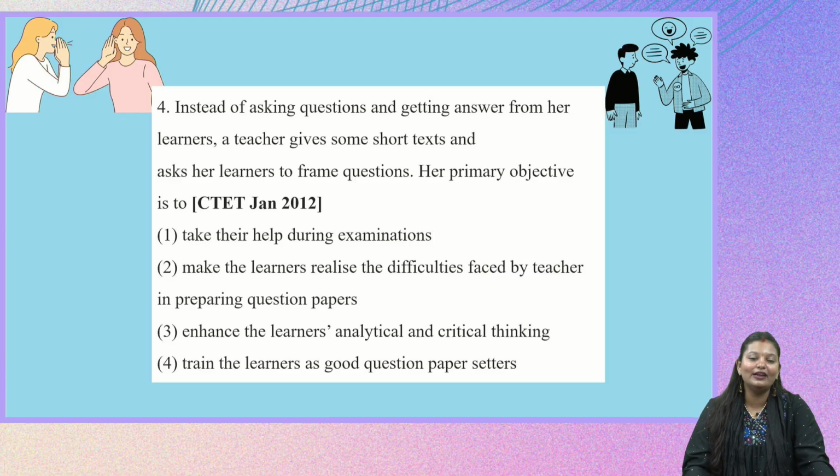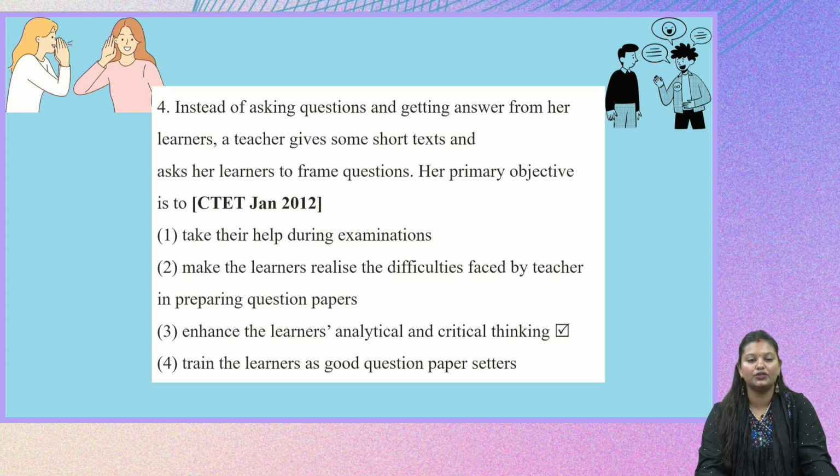So if we read all the 4 options well, we can easily make out the correct answer here. So the correct answer here is option 3, to enhance the learners' analytical and critical thinking. All the other options can be easily removed and eliminated.